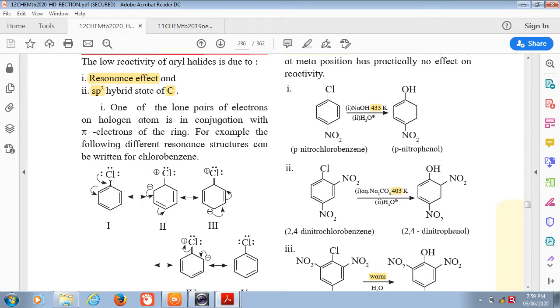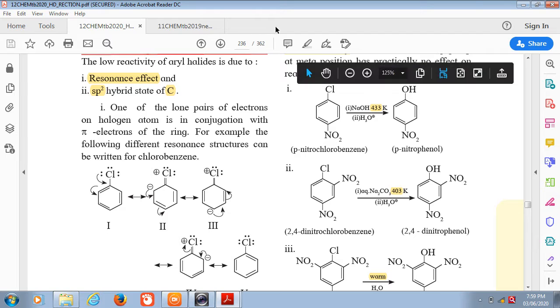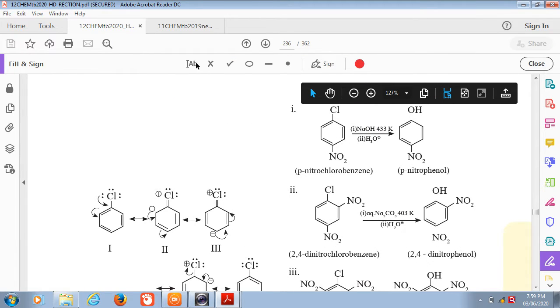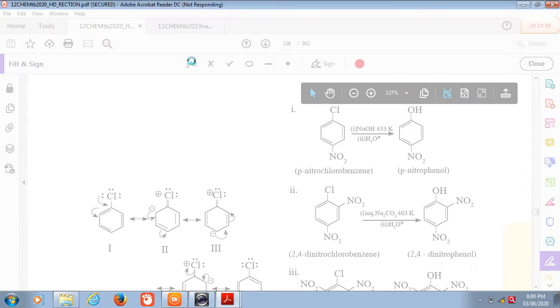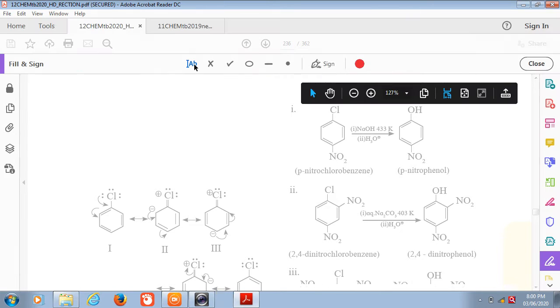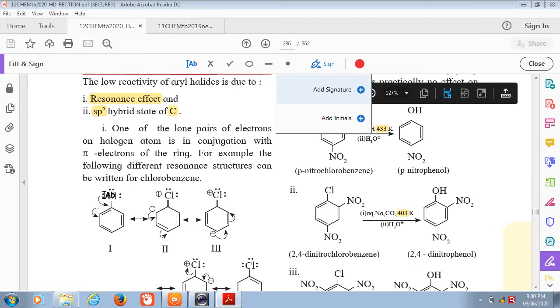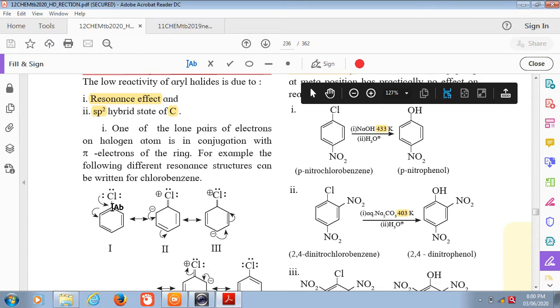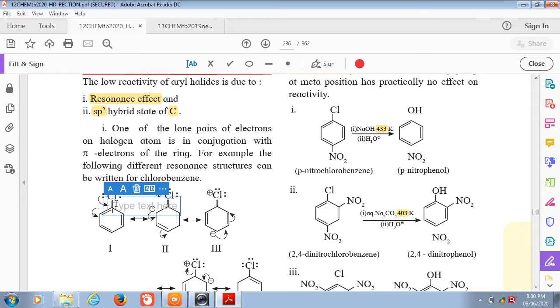So we write the carbon numbers. This is carbon number 1, and this is carbon number 2.